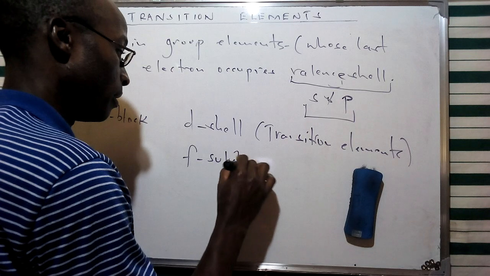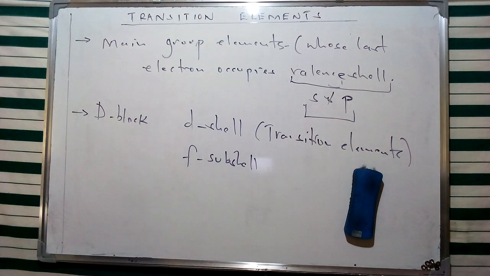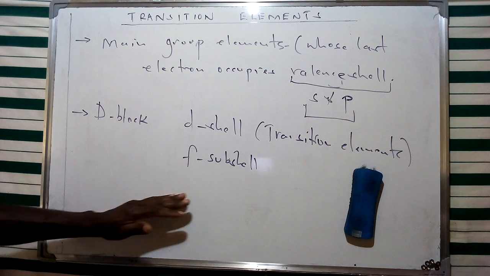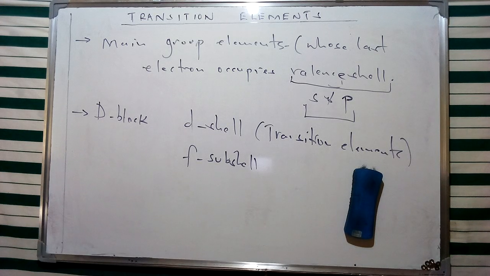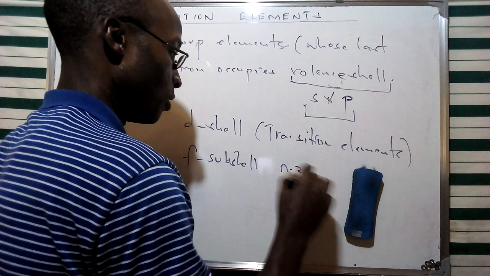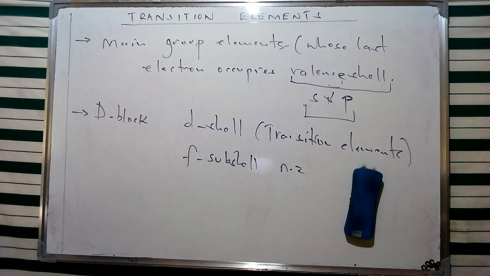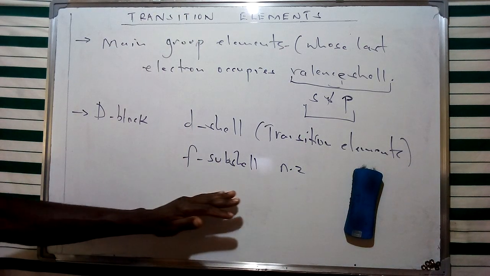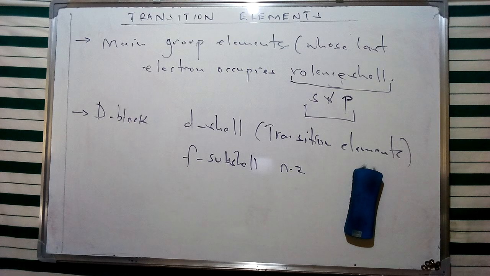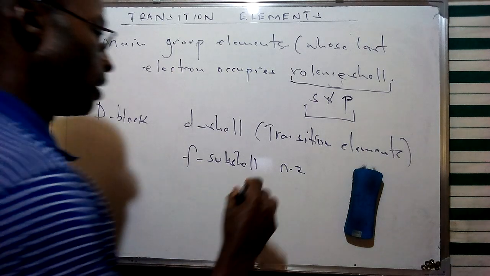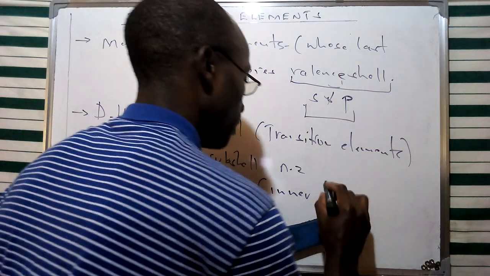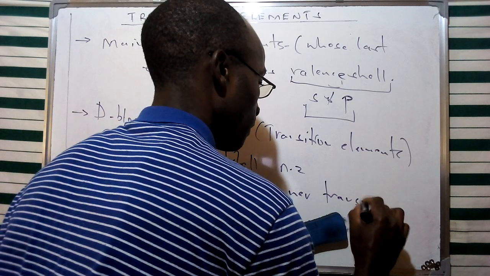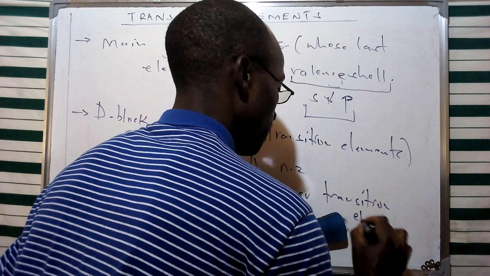So this is going to enter the F subshell, and in this particular case we're going to see that this F subshell is going to be in the n-2 shell, which is the second shell below the valence shell, and these elements are going to be given the name of the inner transition elements.